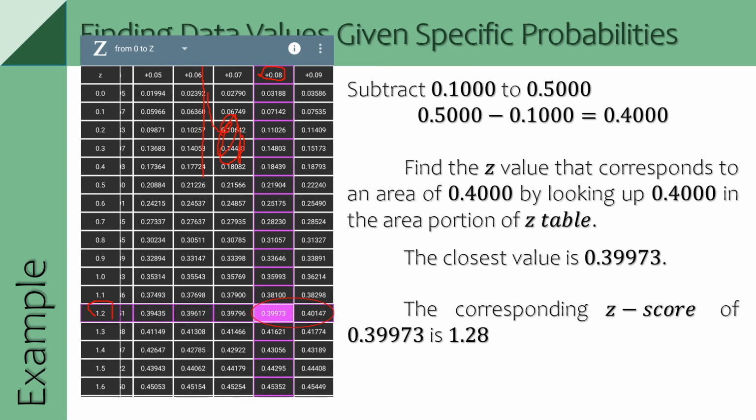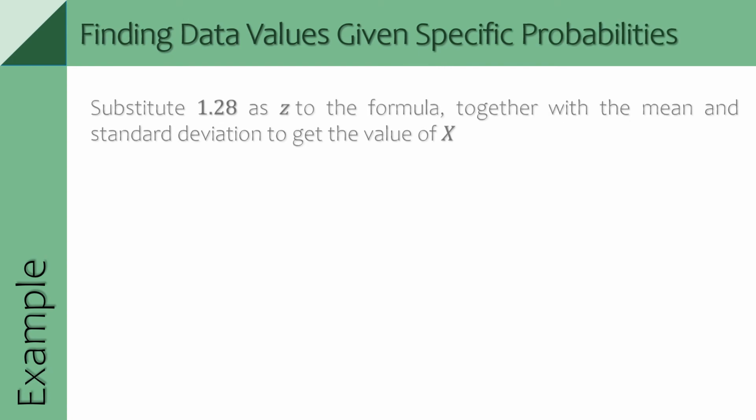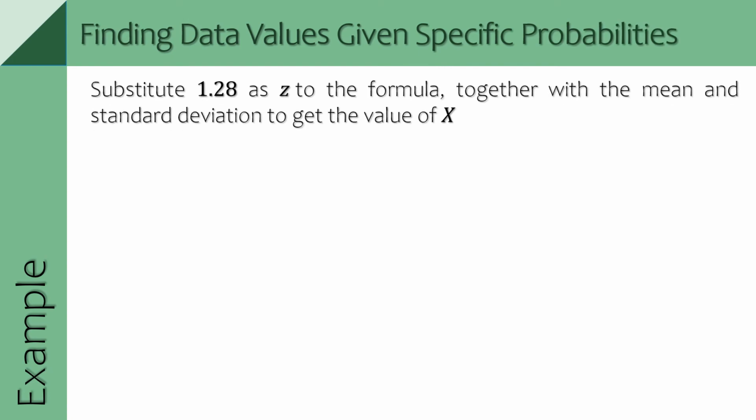Okay, so that is our z, not our x. So substitute 1.28 as z to the formula together with the mean and standard deviation to get the value of x.